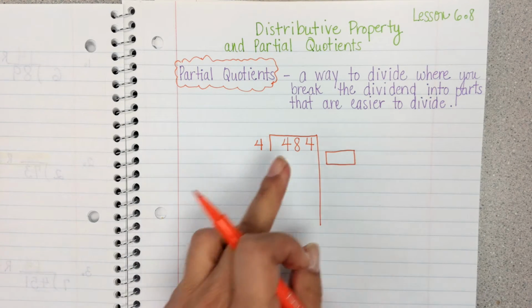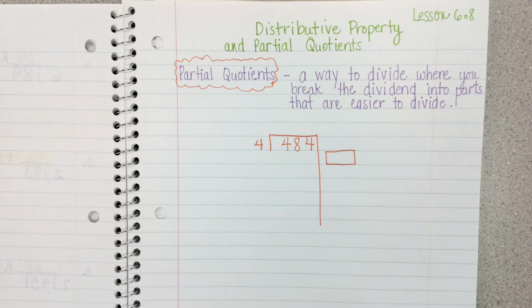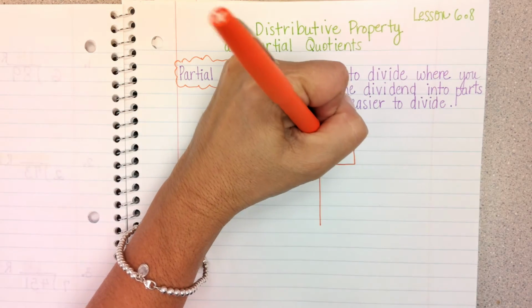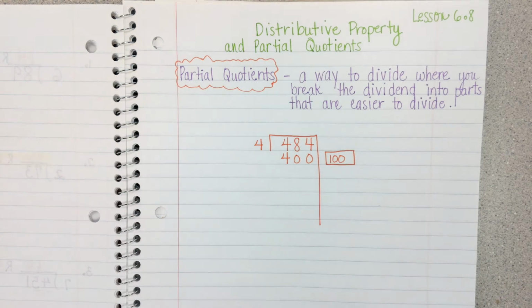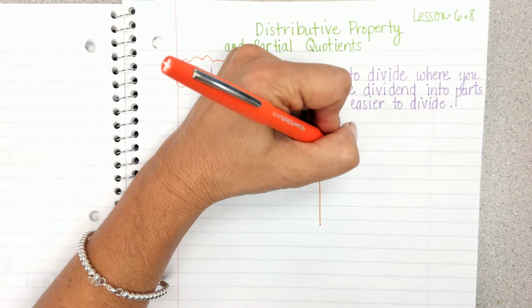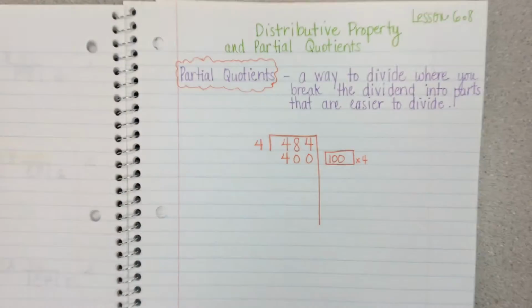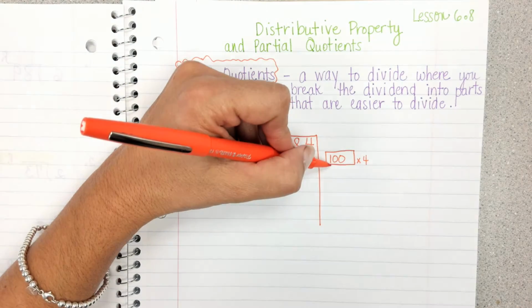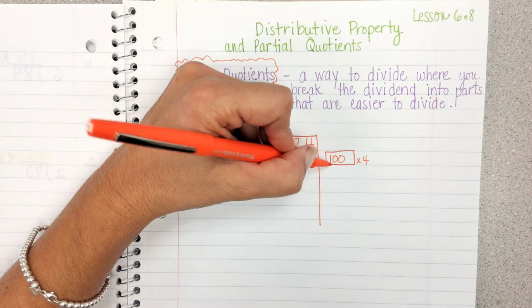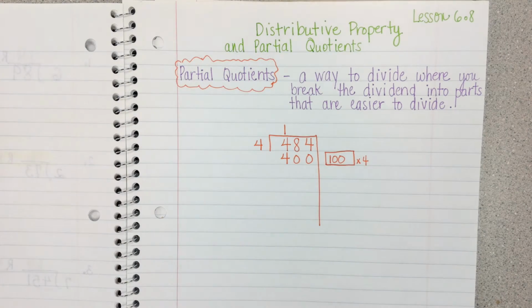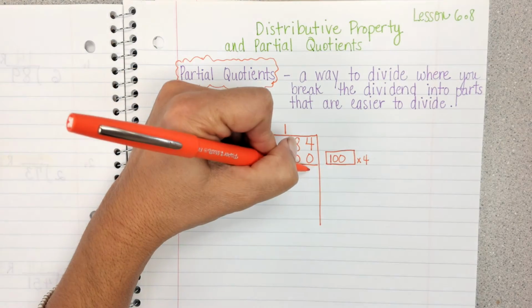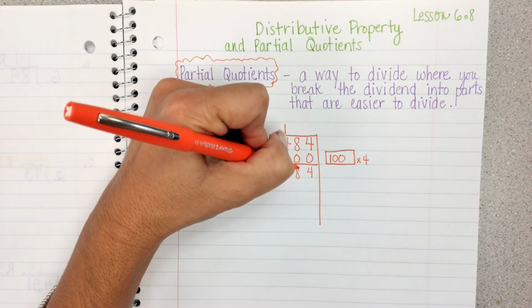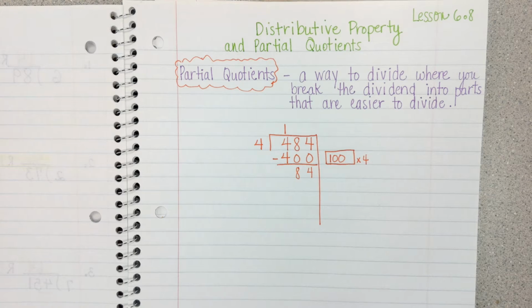Now, I'm going to focus on the hundreds place. So I know that 4 times 100 equals 400. Nice way to start. This 100, you put the 1 in the hundreds place. You subtract all the digits. So we have 4, 8, and then that would be 0.